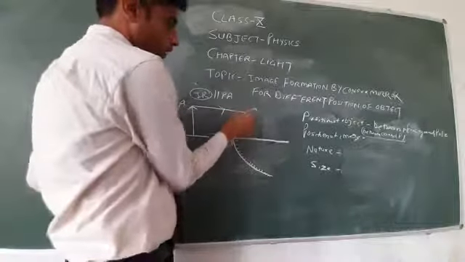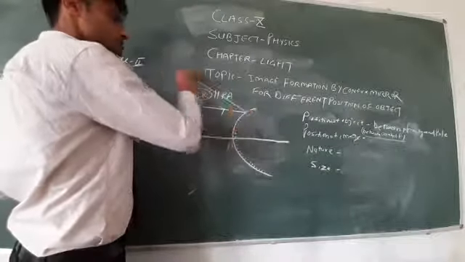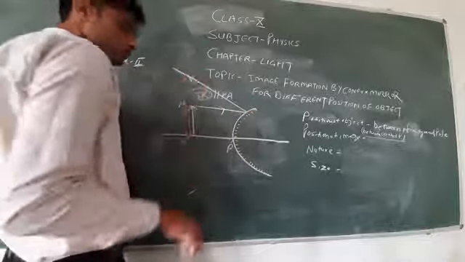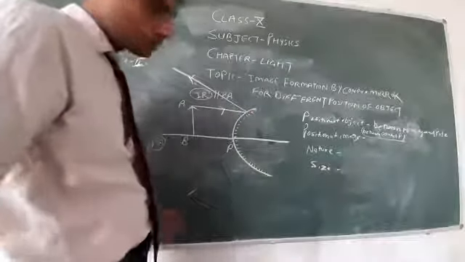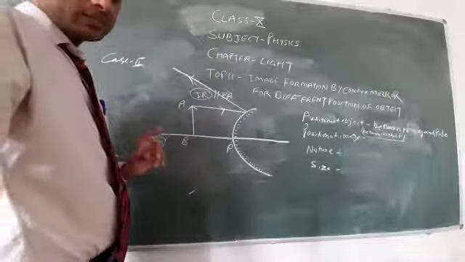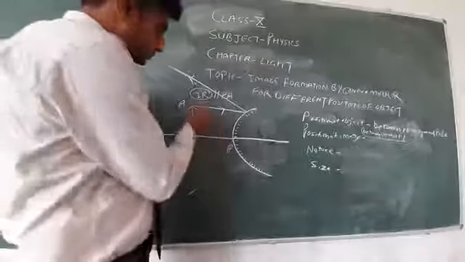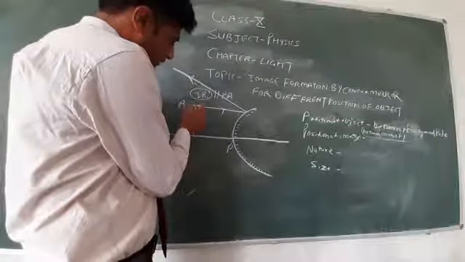As you know, after reflection, divergence will take place, because a convex mirror behaves as a diverging mirror. You can take another ray.